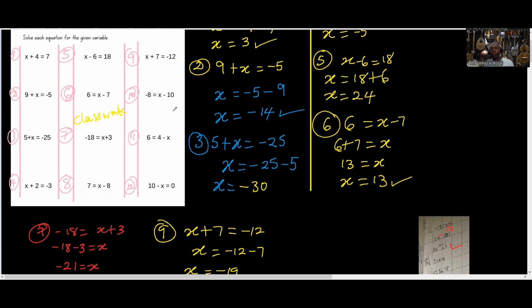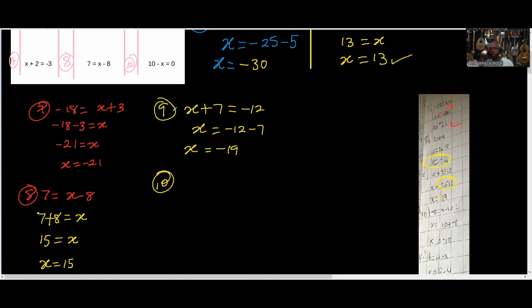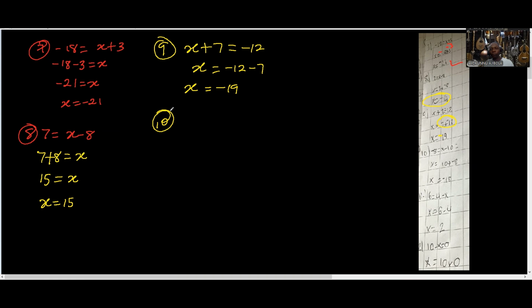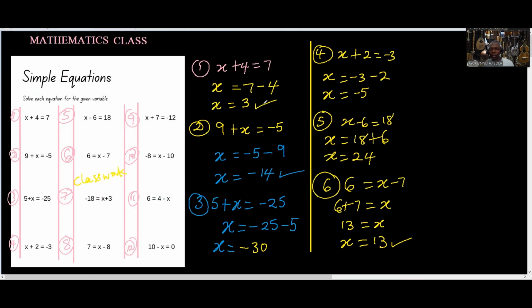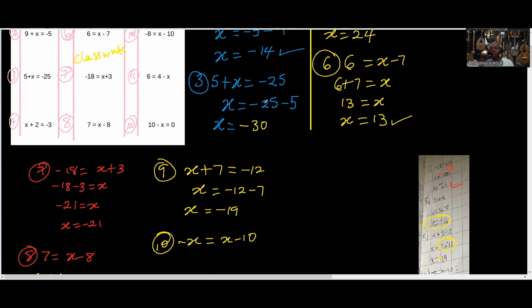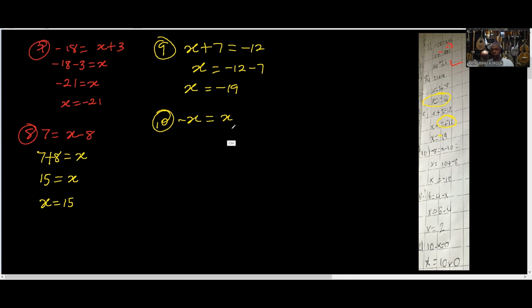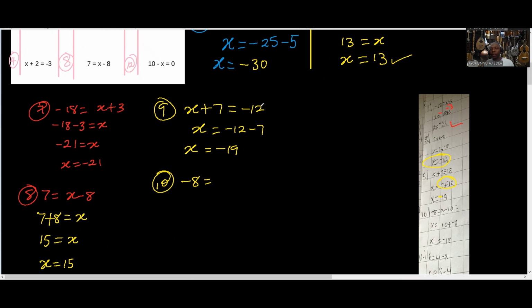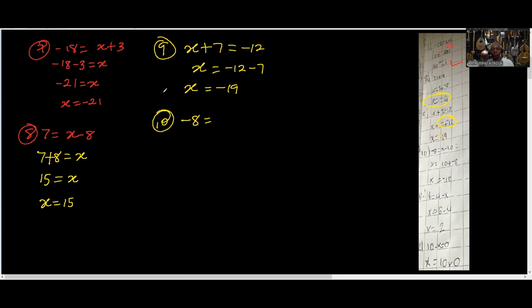Then number 10, negative 8 equals to x minus 10. Wait a minute. Did I say negative x? Negative 8, not negative x. Negative 8 equals to x minus 10.